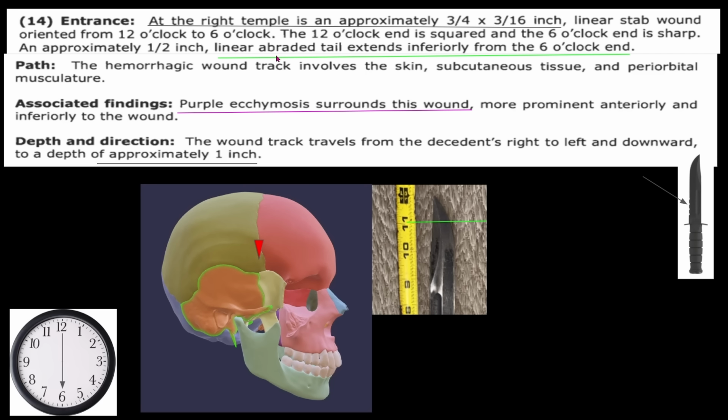And it says it has a linear abraded tail that extends from the 6 o'clock end. It is hemorrhagic. It happened during the attack, but this one cannot be from a K-bar because it's 1 inch deep, and it's got a 12 o'clock squared end and a 6 o'clock sharp end. So with the 12 o'clock squared end on a 1 inch deep stab, the K-bar, the clip point of the K-bar goes to 2 inches.